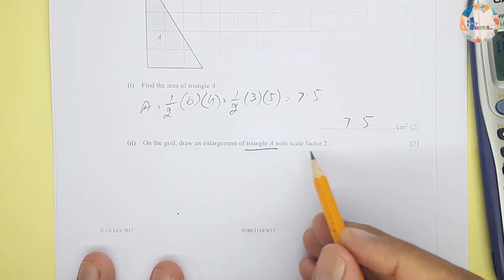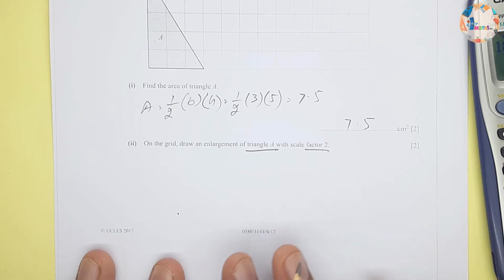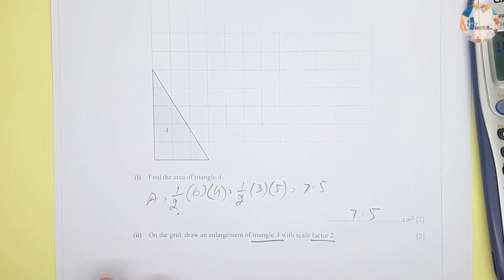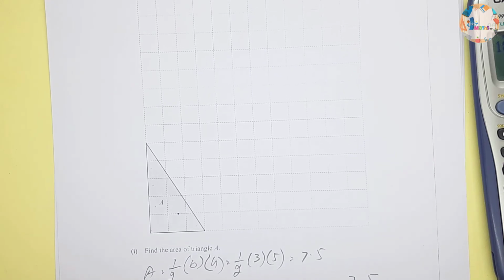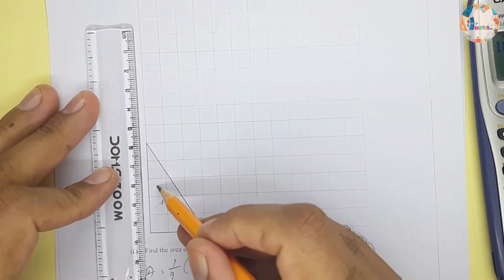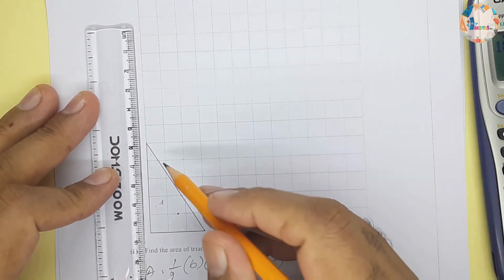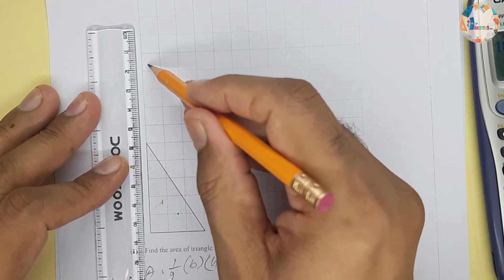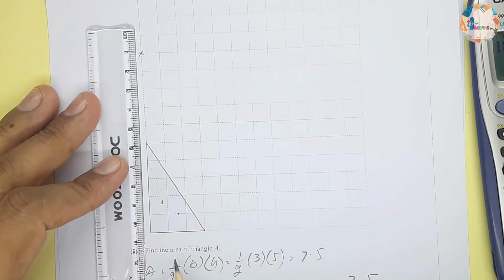On the grid, draw an enlargement of the triangle A with the scale factor 2. So enlargement of A is required. So we will be drawing this enlargement. It will be like 1, 2, 3, 4, 5. So by scale factor 2, this side will be 10. So 6, 7, 8, 9, 10. So this one will be the point. And this side is 1, 2, 3, so it will change to 6, 4, 5, 6.